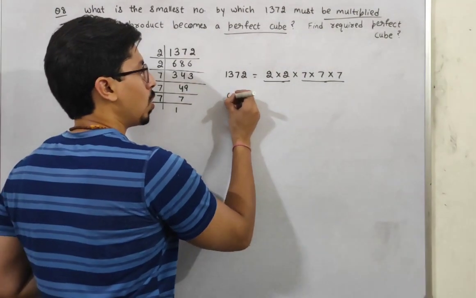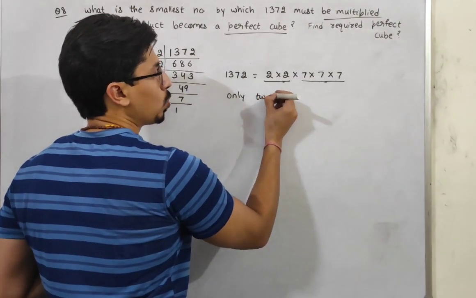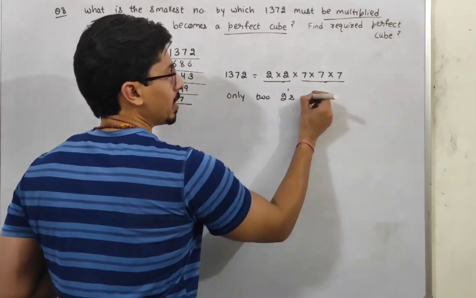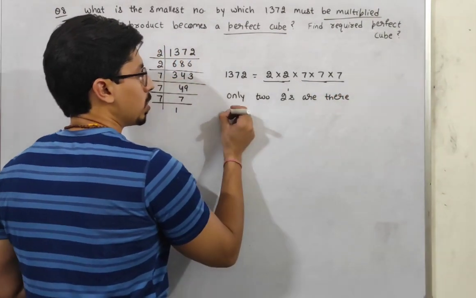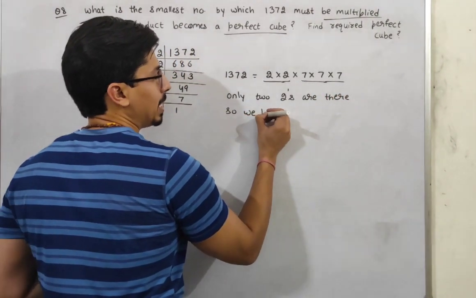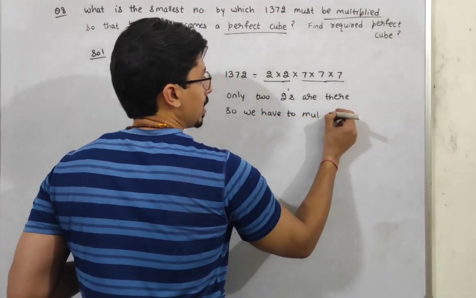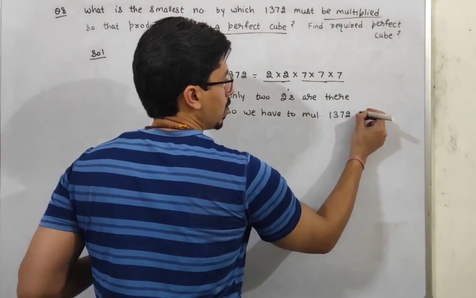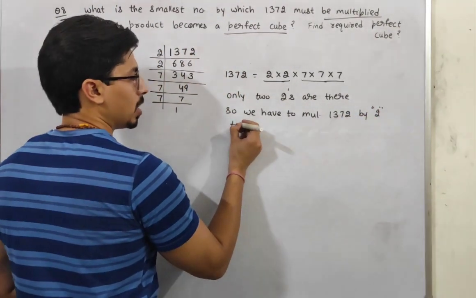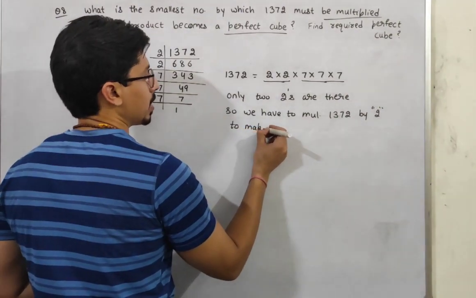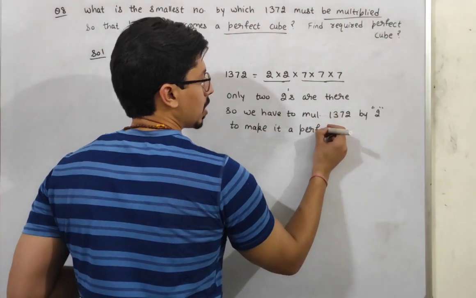Only 2 twos are there, so we have to multiply 1372 by 2 to make it a perfect cube, students.